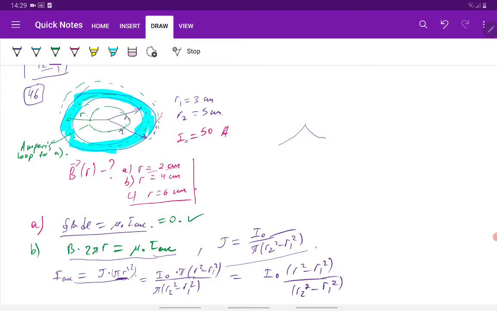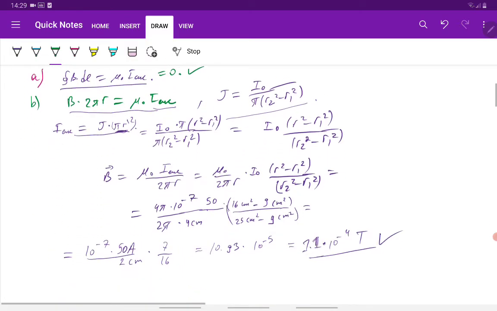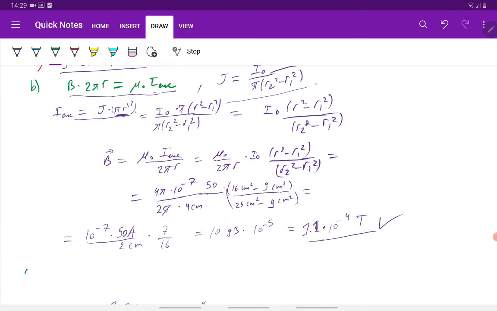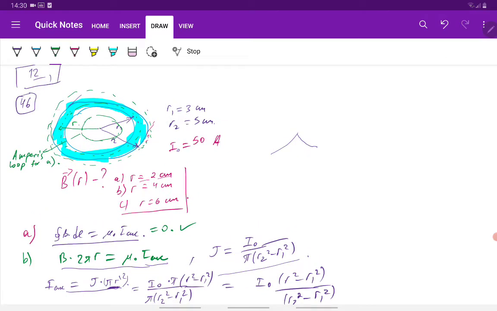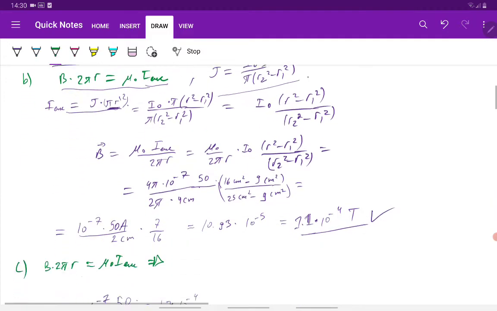If we put this Ampere's loop, then in that case B·2πR equals μ0 I enclosed. In that case I enclosed equals the total current, right? Since this Ampere's loop contains all these currents.